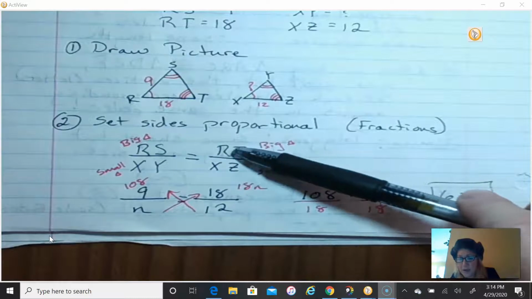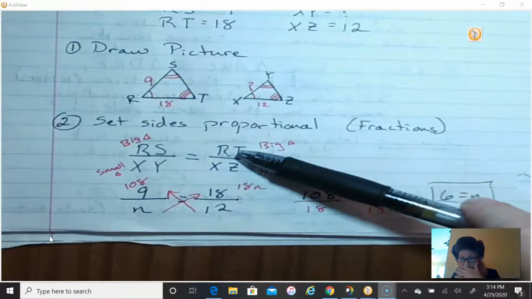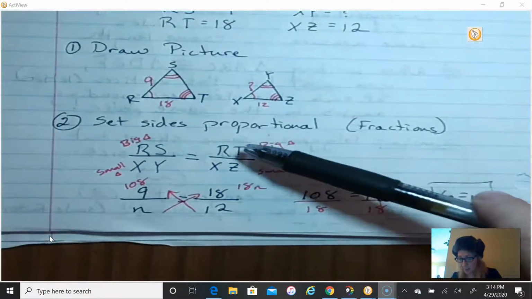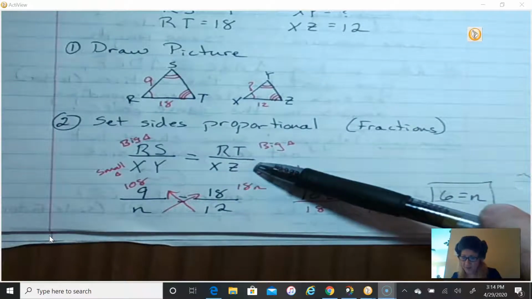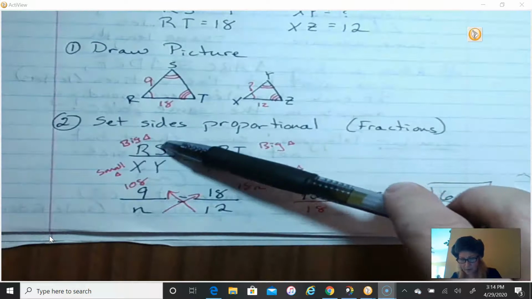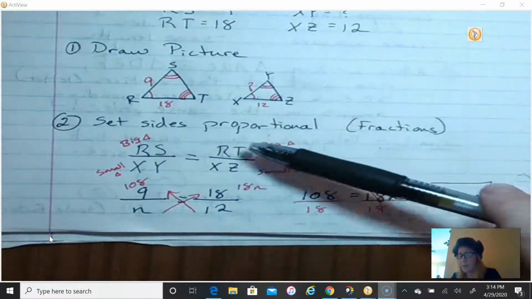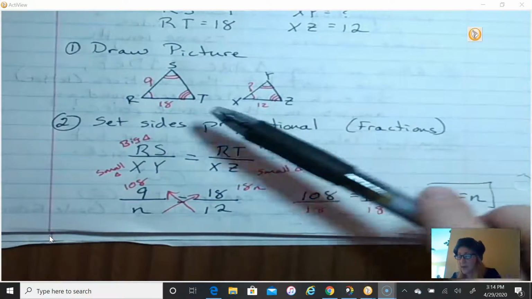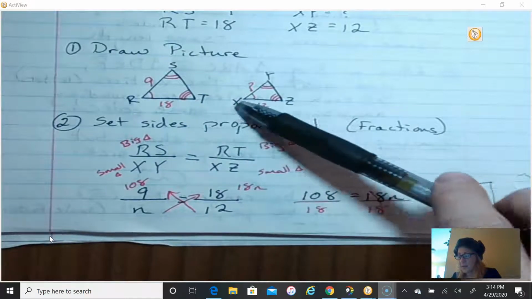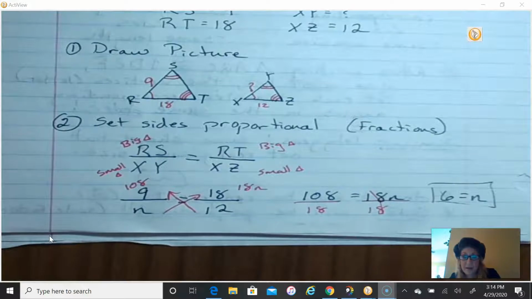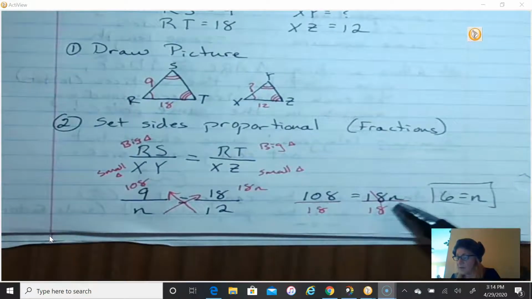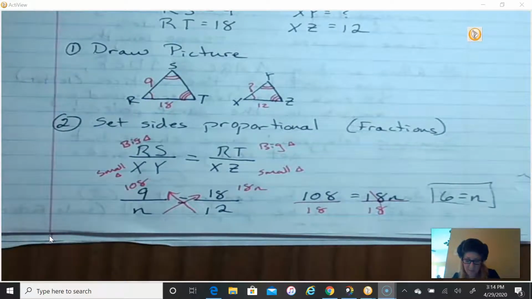What you put over here has to coincide with that. You can't put the small on top and then the big on the bottom. You can't switch it. If you put big on top here, you need to put the big one on top here. So RT corresponds with XZ. Okay? Then you put down the measurements, isolate the variable, and you get your missing thing.